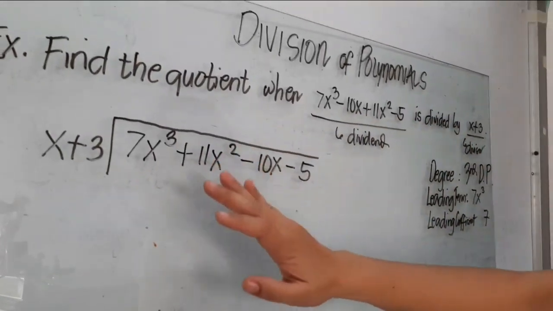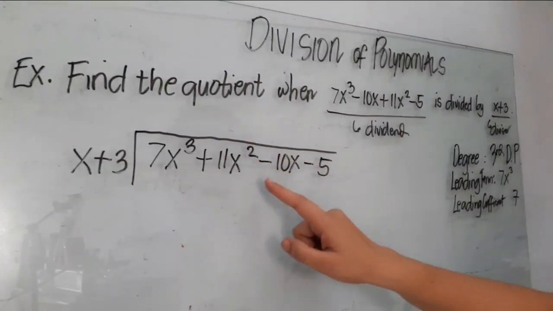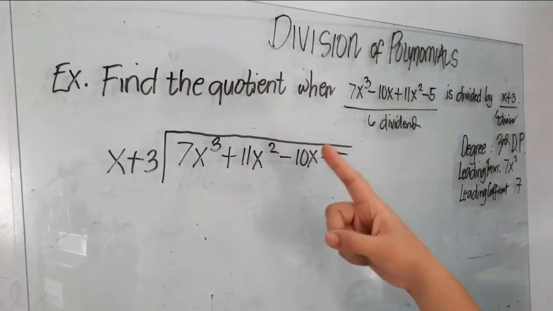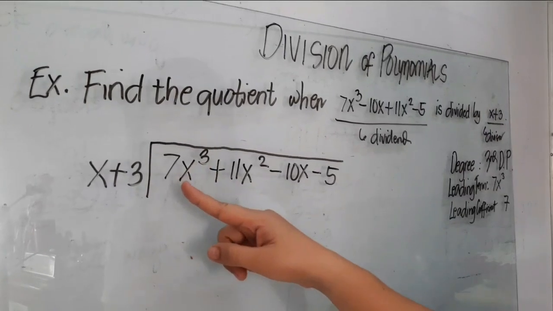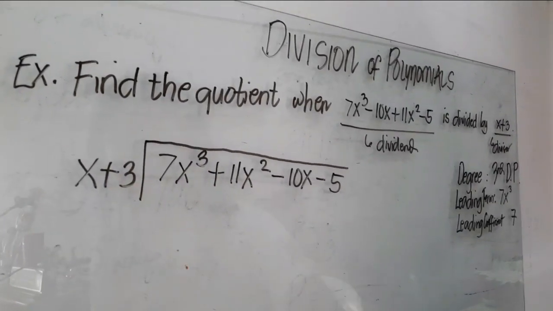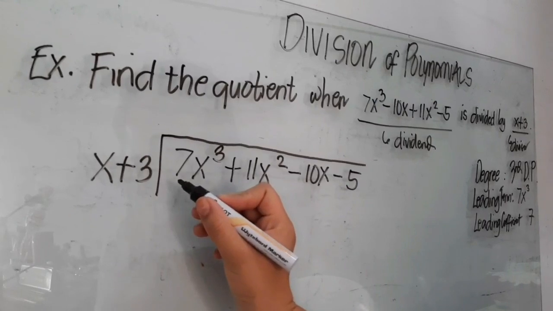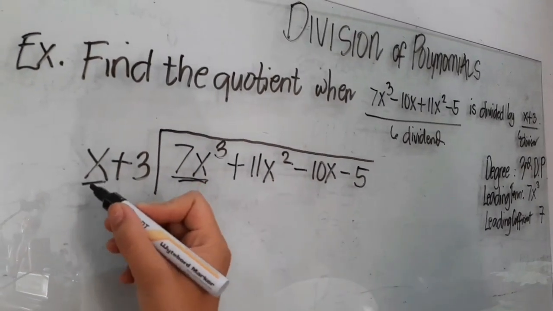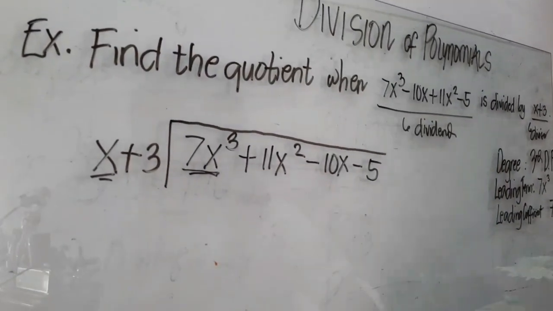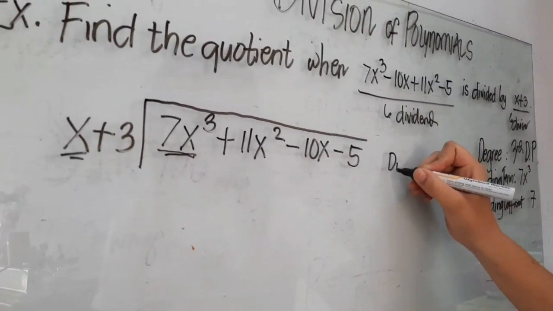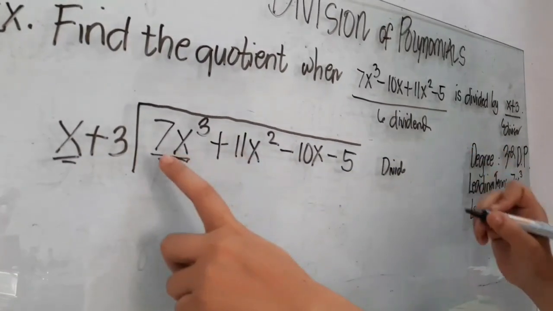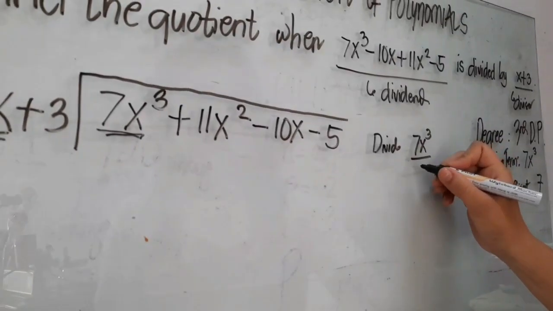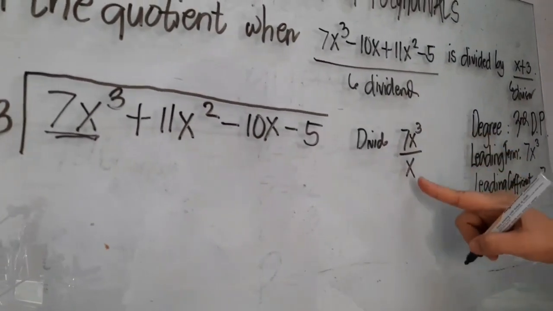Let's proceed with the division of our polynomial by our binomial. The first thing to do in dividing a polynomial by this one is to divide the first term of the dividend by the first term of the divisor. That is the first step, we divide. So what are we going to divide? 7x cubed, we divide it by the first term of the divisor, which is x.